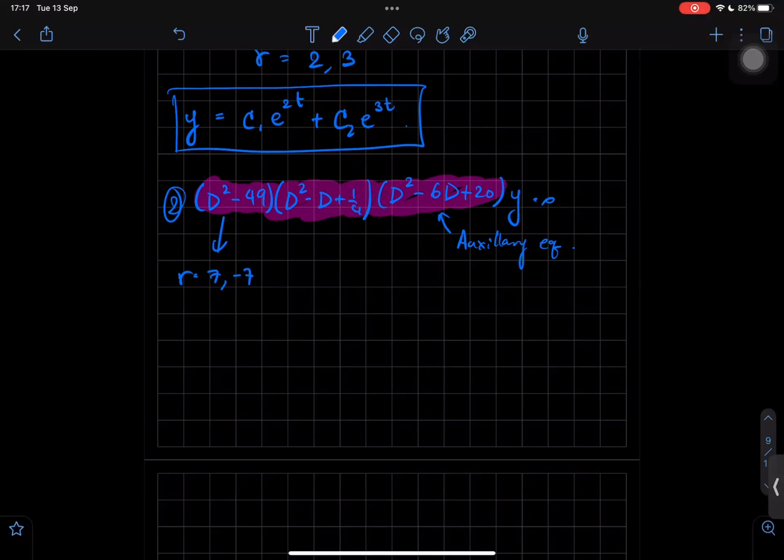I recommend you do it in a proper way: write the auxiliary equation first and then find the roots. And for this one, I get r equal to a half and a half.